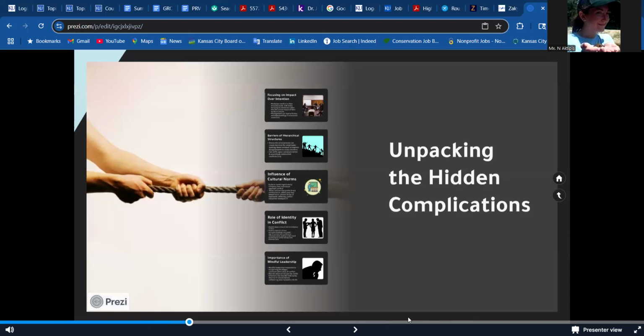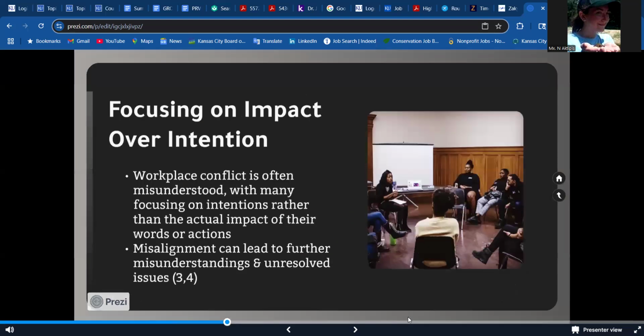So we're going to unpack this a little bit further on what really builds into workplace conflict. So first and foremost, when it comes to conflict inside the workplace, we need to focus on impact over intention.